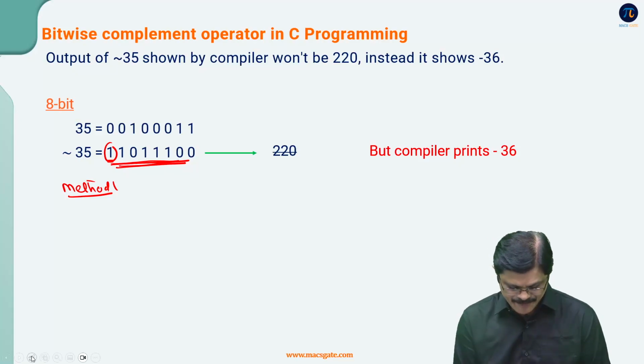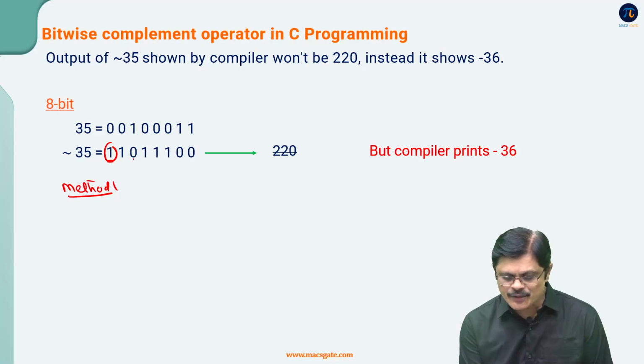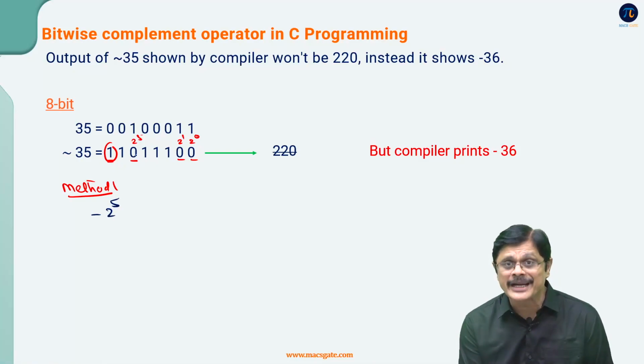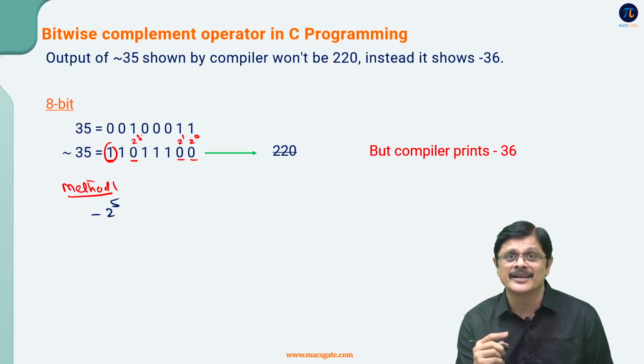First method is, let me explain here. See, you identify where you are getting zeros, okay. So, this is 2 power 0, this is 2 power 1, 2 square, 2 cube, 2 power 4 and it is 2 power 5. So, what we need to do is take negative values, wherever you are getting zeros there only, corresponding powers of 2 you have to consider.